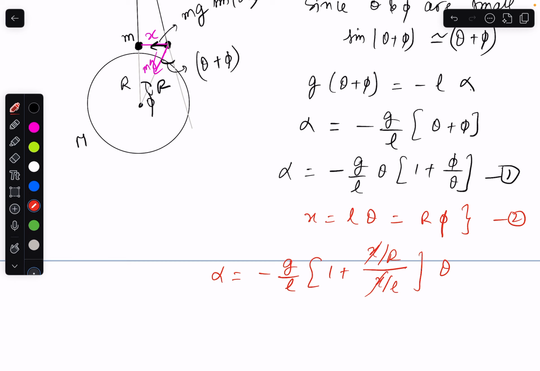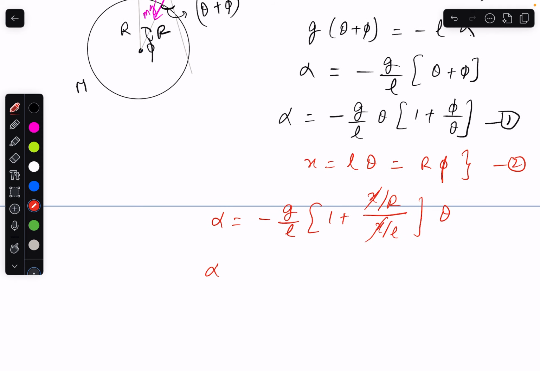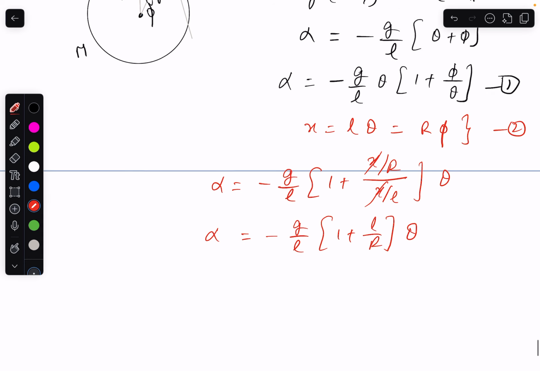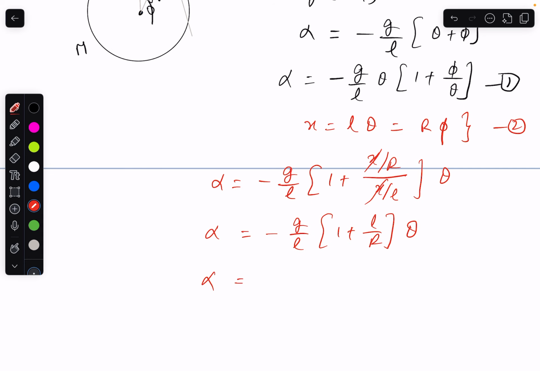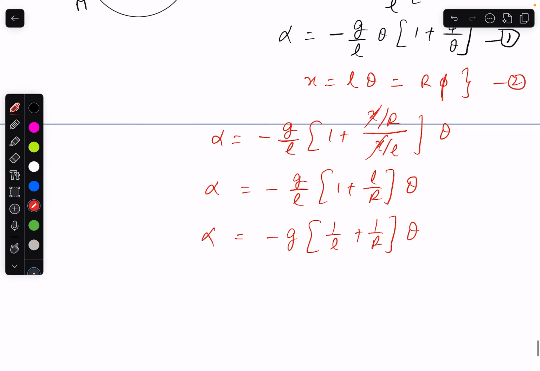This x gets cancelled. So we have angular acceleration equal to minus g by L and 1 plus L by r. And then if I multiply by 1 by L, then we get angular acceleration as minus g into 1 by L plus 1 by r into theta.